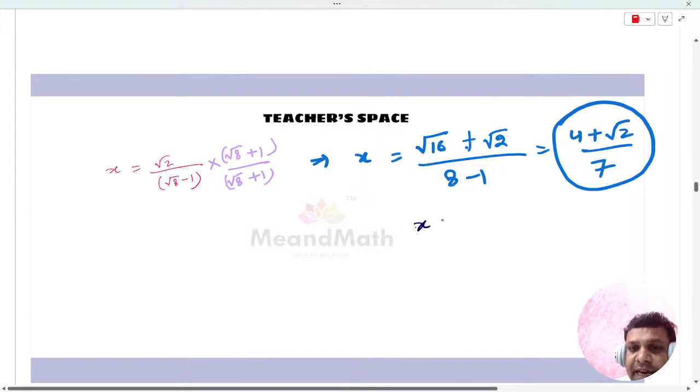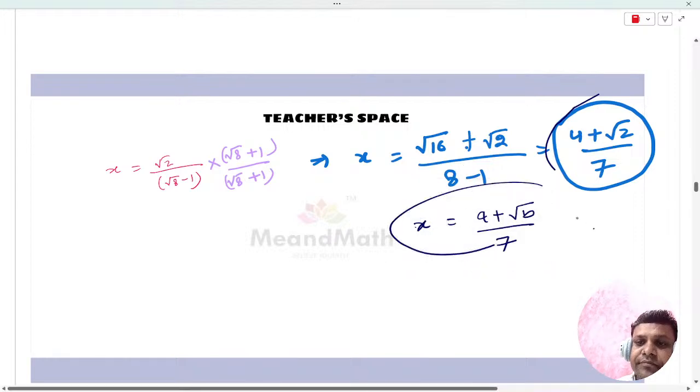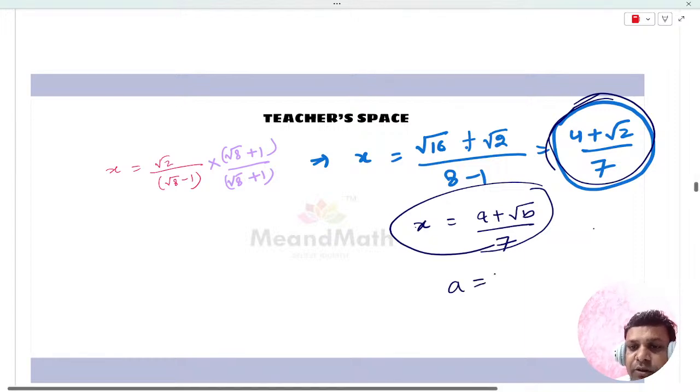Now this is going to be compared with x is equal to a plus root b upon 7. मीन्स ये और ये दोनों सेम है. अगर ये दोनों सेम है तो a की वैल्यू क्या होनी चाहिए? a की वैल्यू इक्वल टू 4 एंड b रूट के अंदर जो है वो b है और रूट के अंदर क्या है 2.